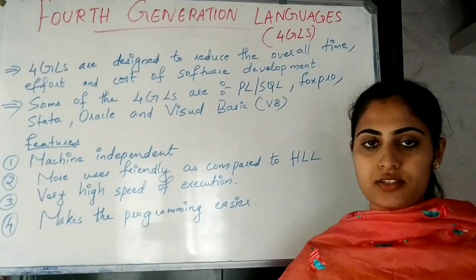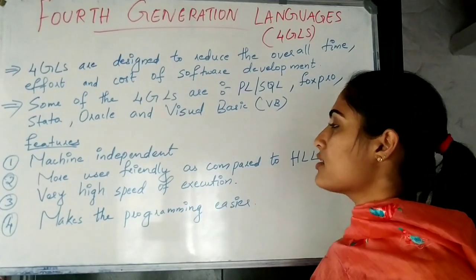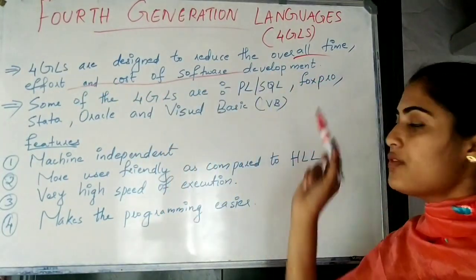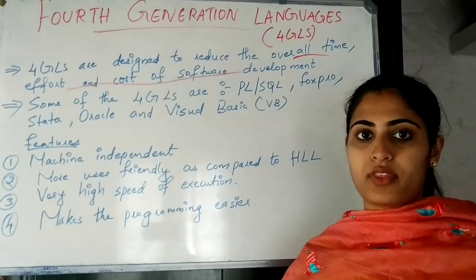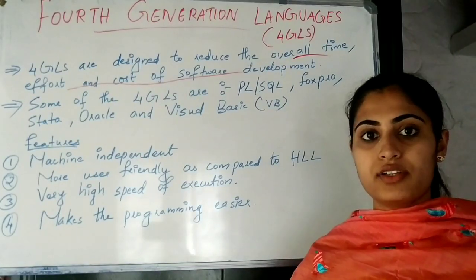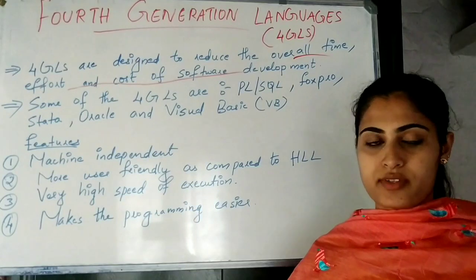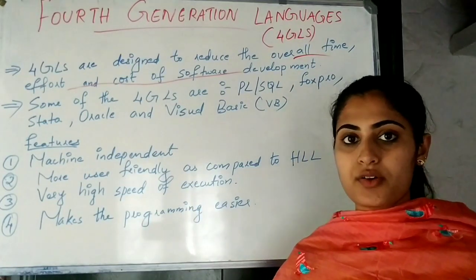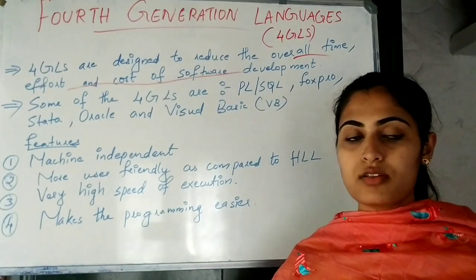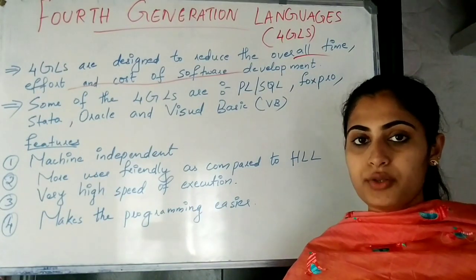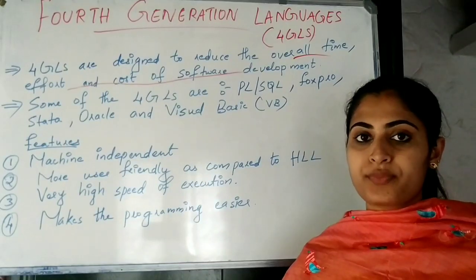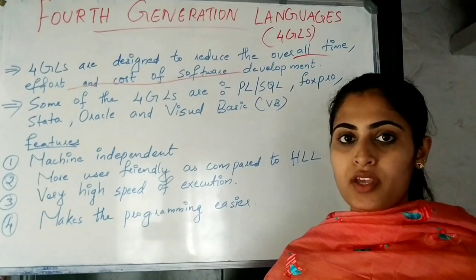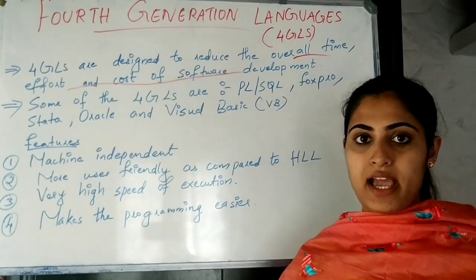Okay. And fourth generation languages are designed to reduce the overall time, effort and cost of software development. See, low level languages used binary forms, zeros and ones, and it was difficult to use because programmers have to remember all these machine codes. Coming to the high level languages, even though they use English words and mathematical operators, they have to be converted into machine language.